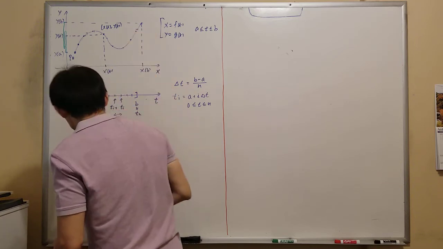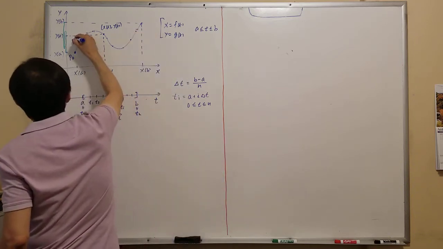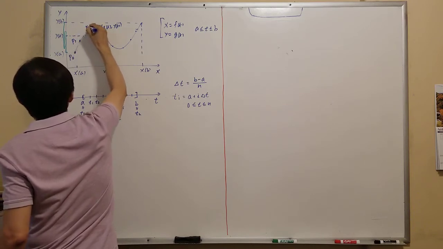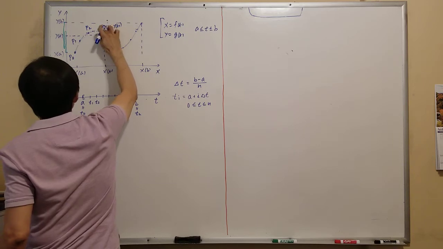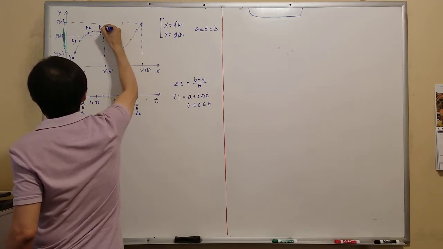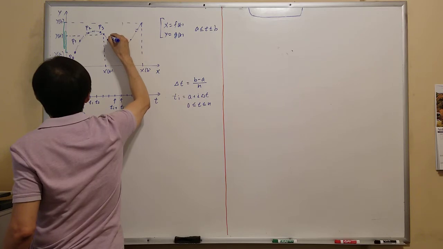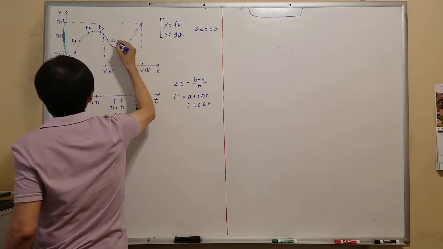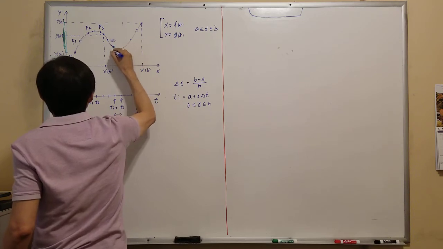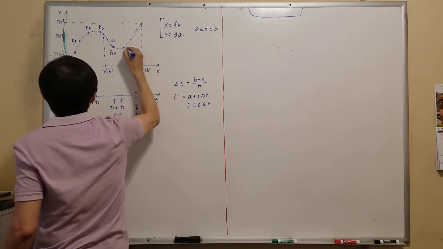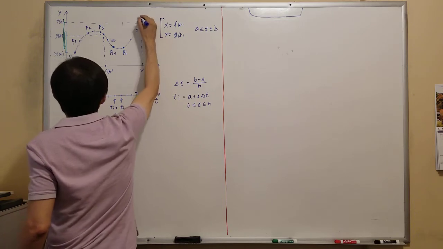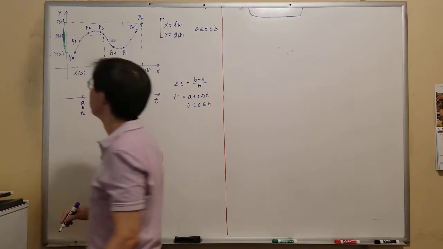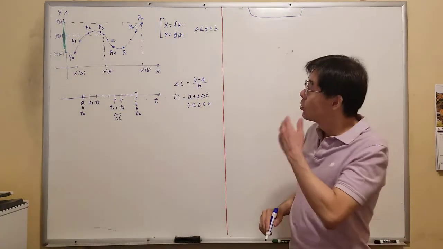Let's say this is point P1, this is point P2, P3, P4, and so forth, P_{i-1}, P_i, and so forth, up to P_n.